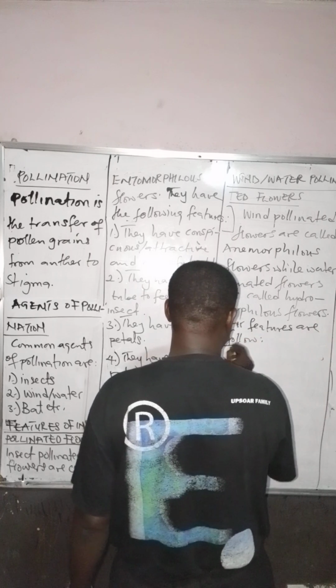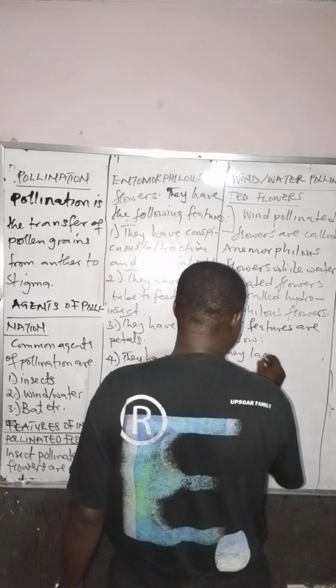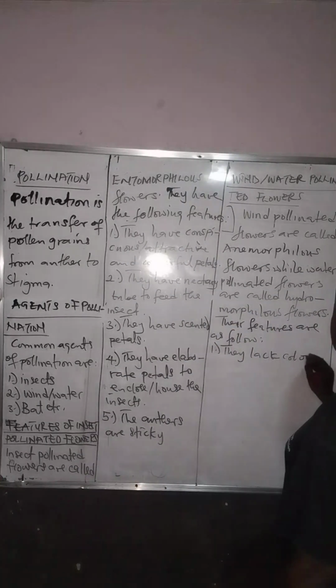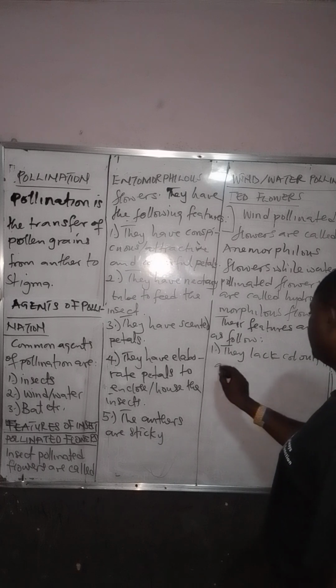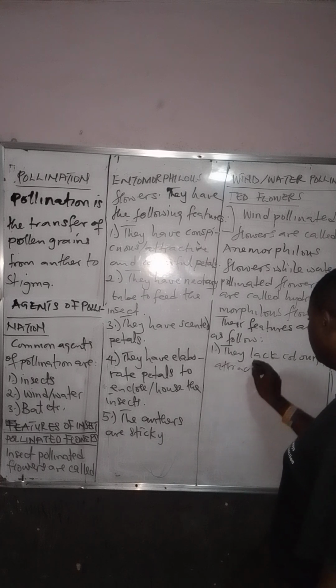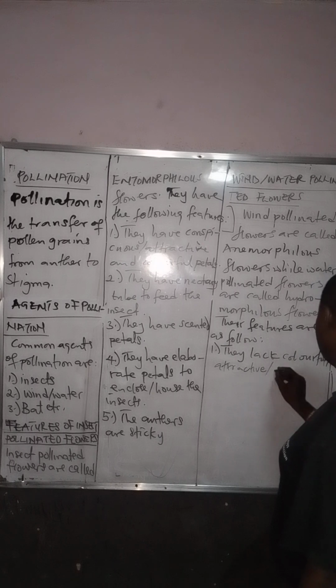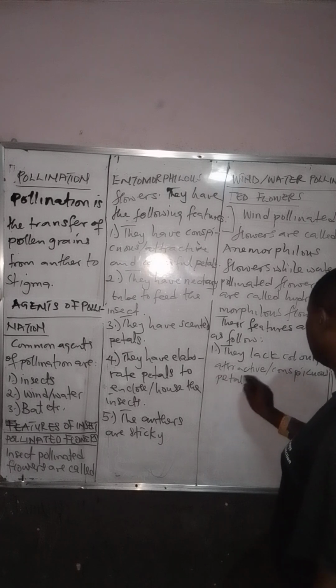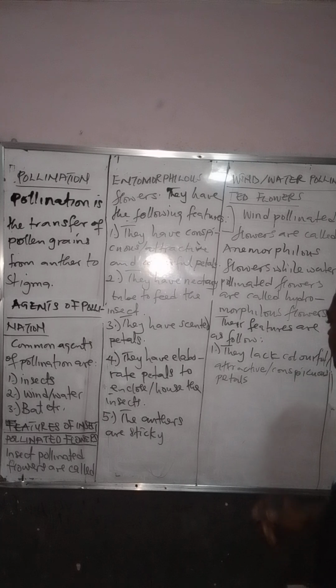Number one, they lack colorful petals. They lack colorful or attractive or conspicuous petals. That's why they cannot attract insects.